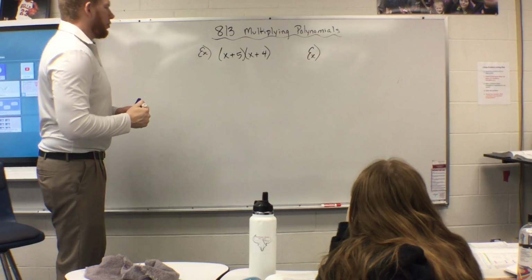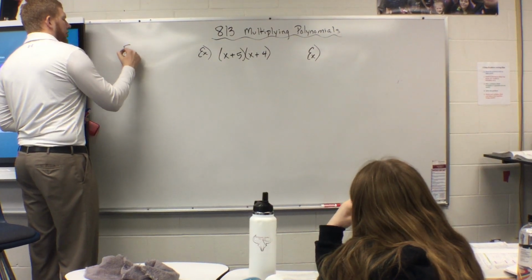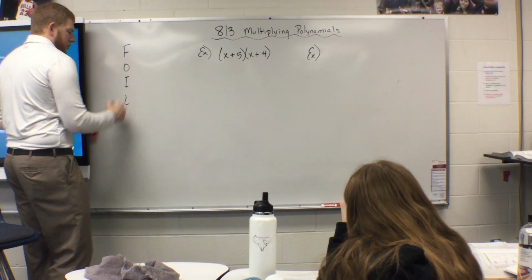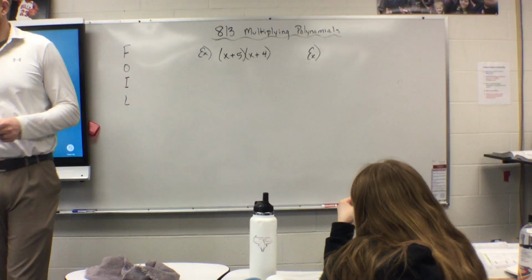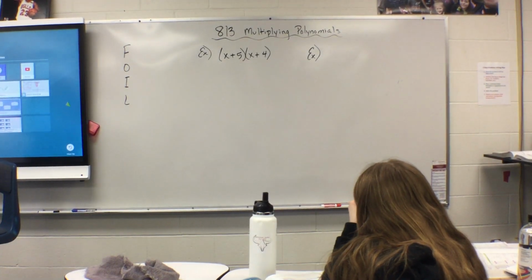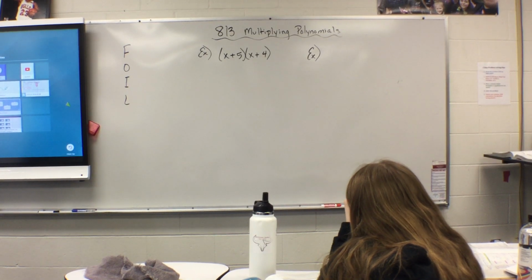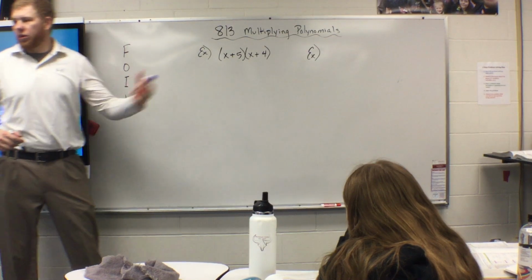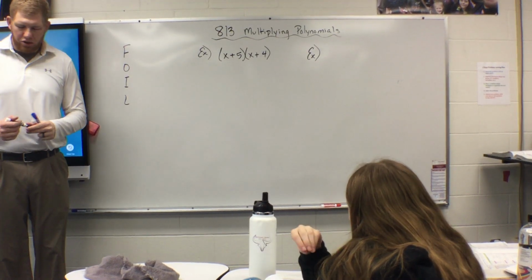An acronym that is commonly used is FOIL. This FOIL method will make sure that we multiply everything within these two binomials.